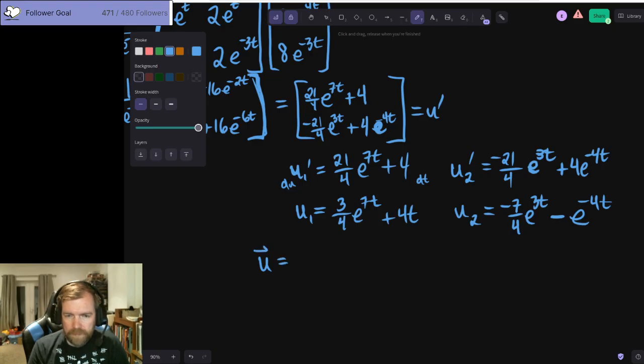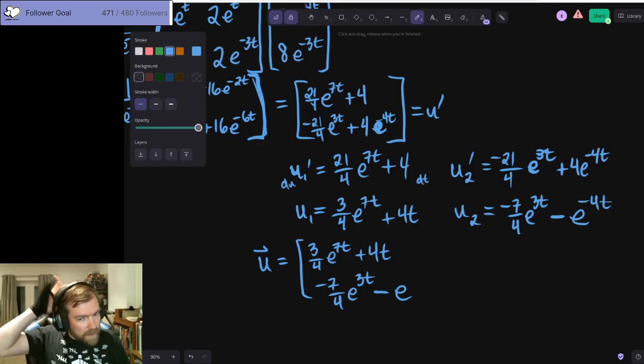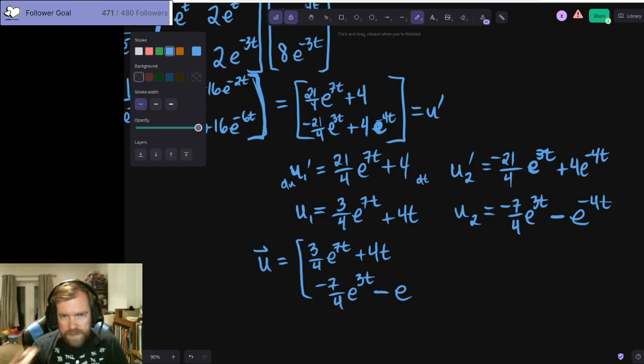Multiply that through by x. And if we multiply our x matrix by the constants that come out of the integration, what do we end up getting?